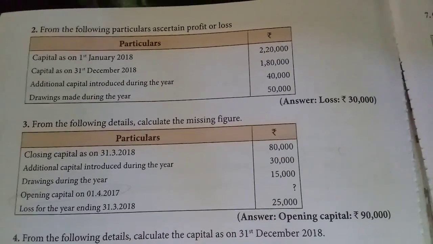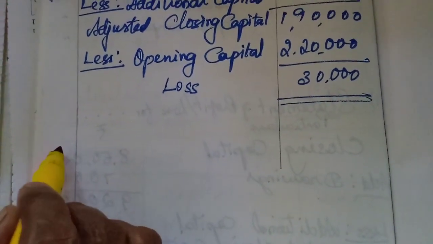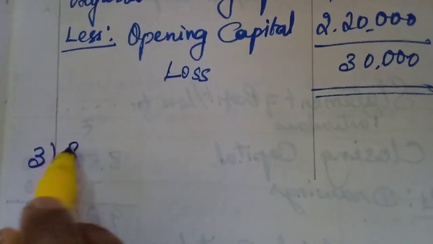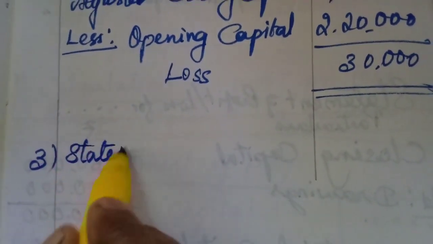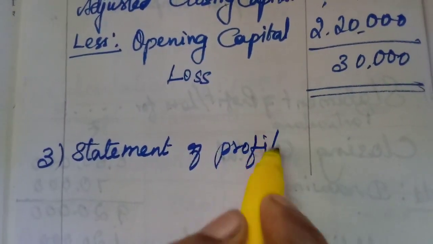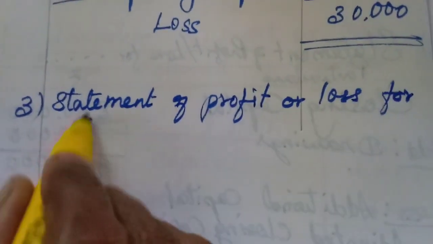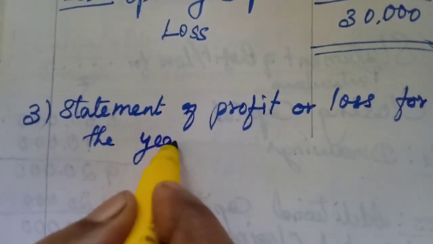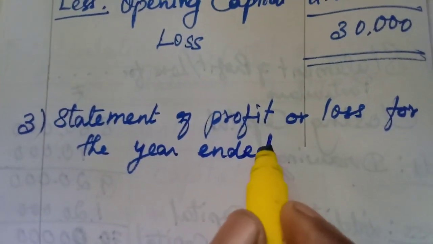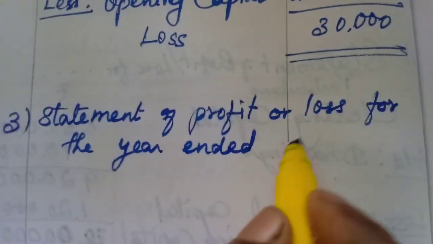Just keep watching. Okay. Now shall we do that problem? Third one. You write the number 3. Then write the heading as statement of profit or loss for the year ended 31st March 2019.